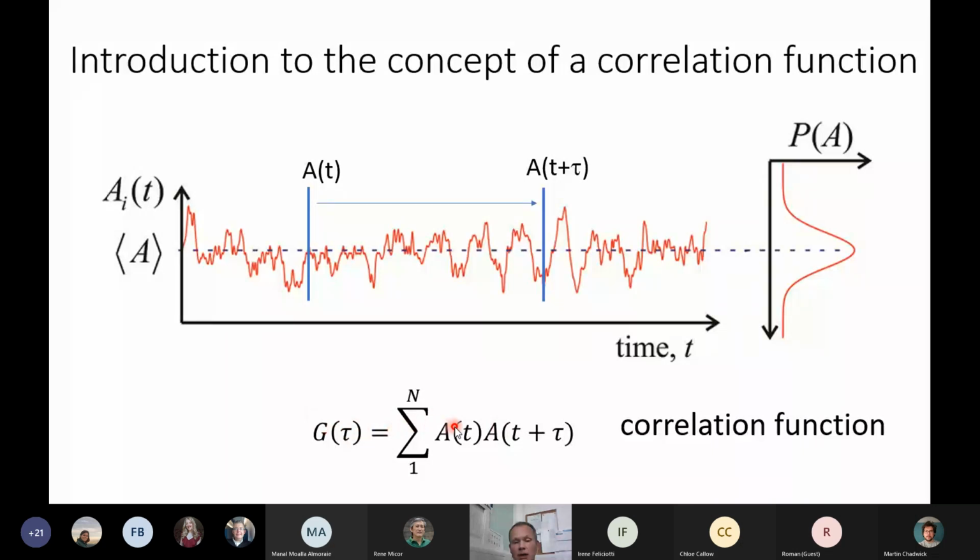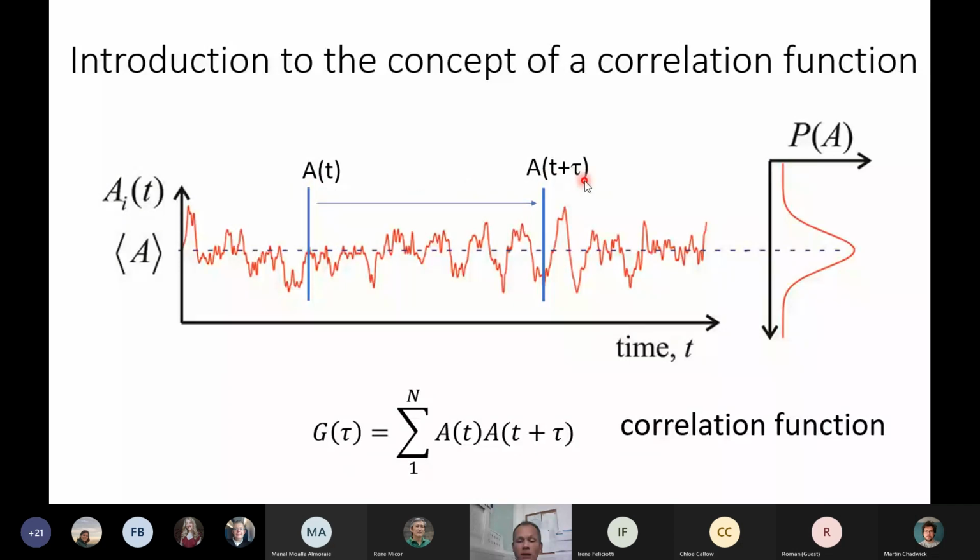If we sum these products of the value of function A at time t with the value of function A at time t plus tau, we can calculate how the values of function A correlate with each other at a time distance of tau, right?